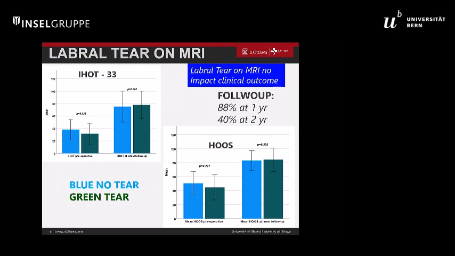How about the impact on PROMs? If you had a labral tear on MRI, there was no significant difference in pre-op IHOT 33 and WHO scores. We don't have the full 2-year follow-up, but the vast majority are at 1 year, and there was no impact at the latest follow-up if you had a labral tear on MRI, either on IHOT 33 or WHO.